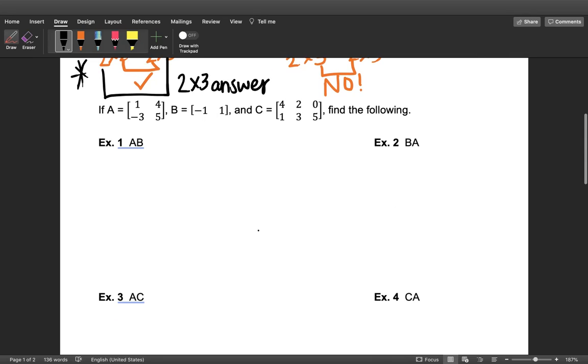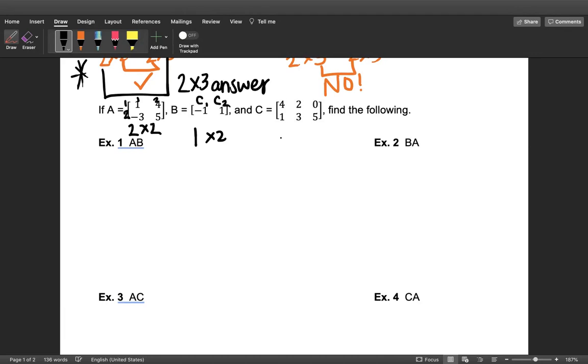It says if A matrix equals this, and B matrix equals this, and C equals this, find the following. So we need to first check out what each dimension is of the matrix. Here I have two rows and two columns, so that's a 2 by 2. For B, I have one row and two columns.